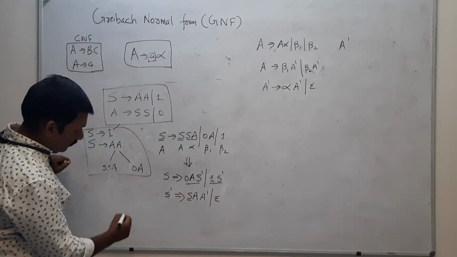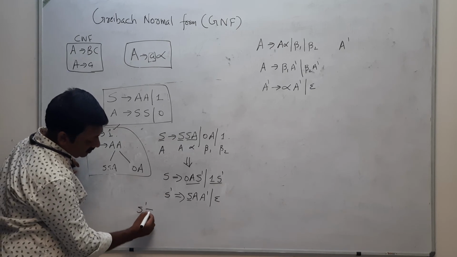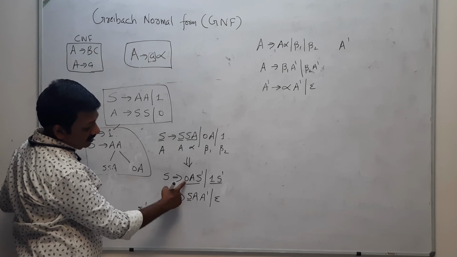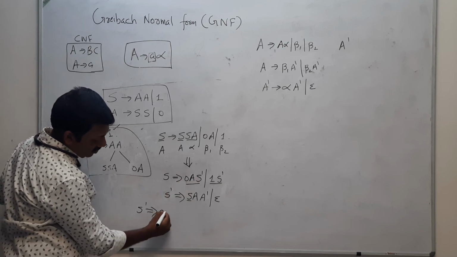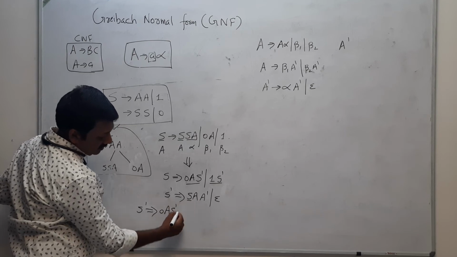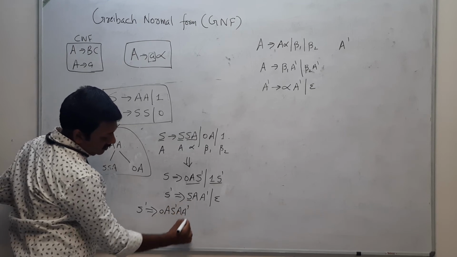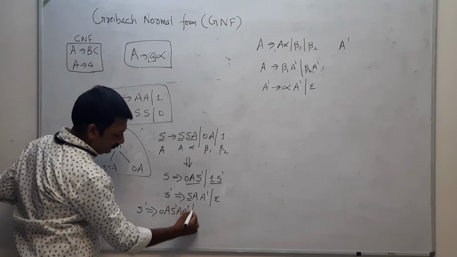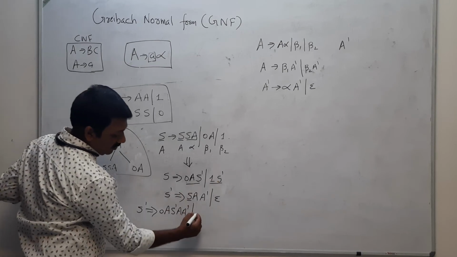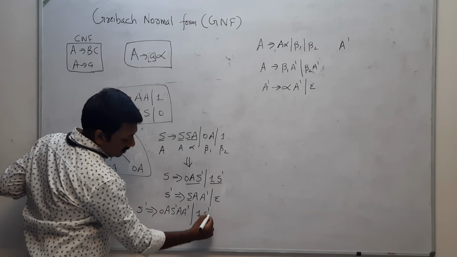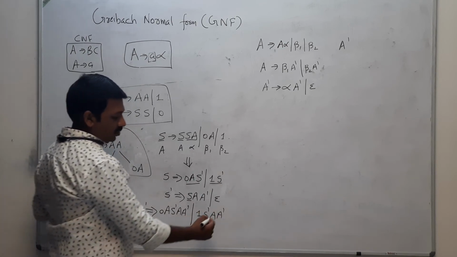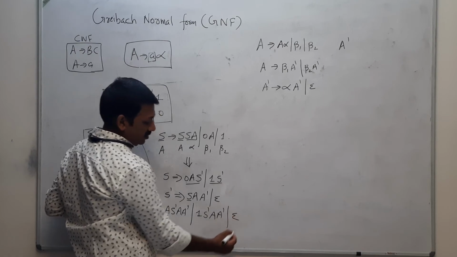Then this will become S dash derives, when I am replacing this S with 0 A S dash, 0 A S dash A dash, or when I am replacing this S with 1 S dash, what will become? 1 S dash A dash or epsilon.